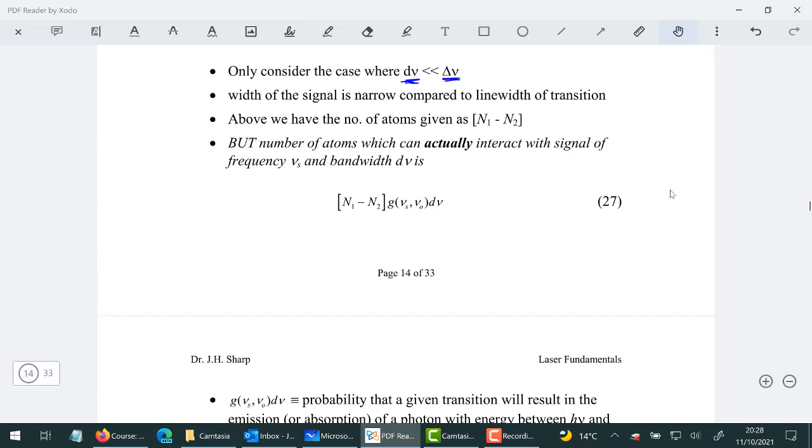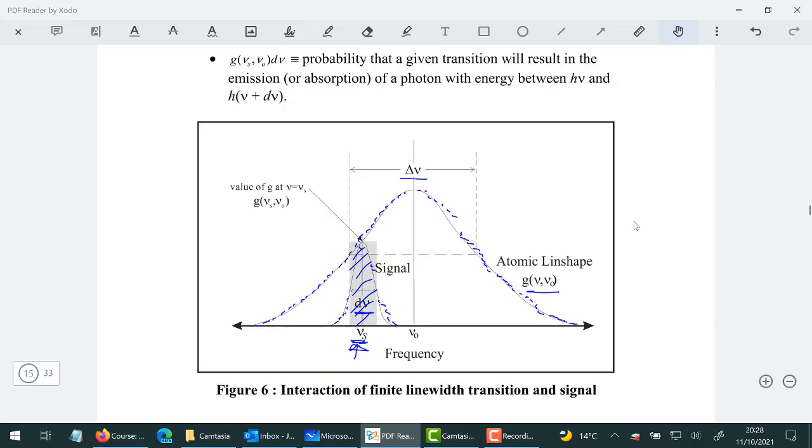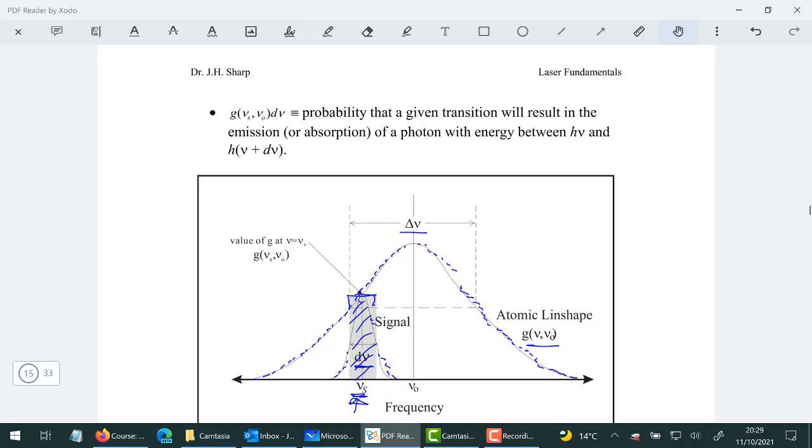The number of atoms that can actually interact with the signal is n1 minus n2 times the line shape of the signal times its line width. So essentially it's the area under that rectangle, and that's what we're looking at.